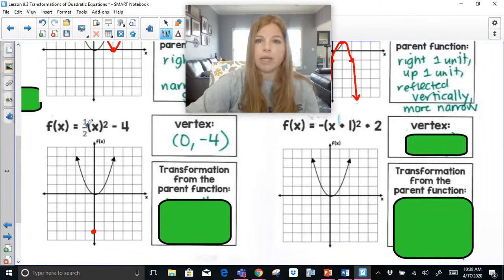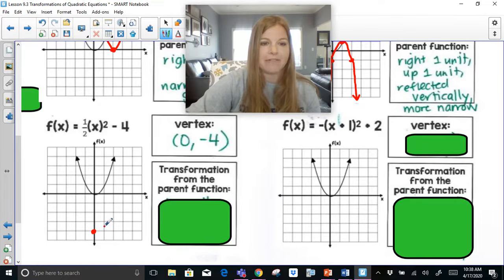Okay, now the 1/2. So 1/2 would tell me instead of going up 1 to the right 1, up 1 to the left, up 3 rather, it's going to get multiplied by 1/2. So I would go out 1, up 1/2.